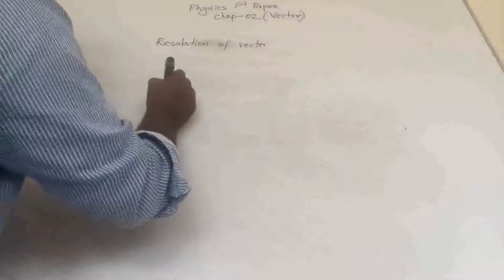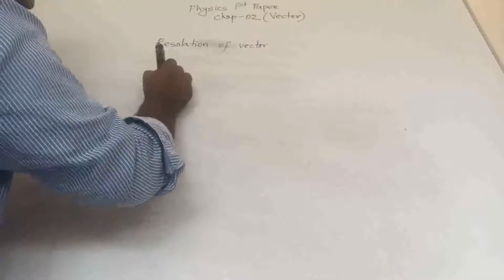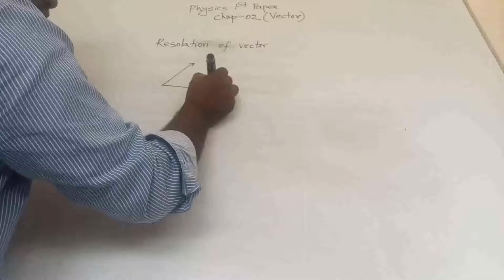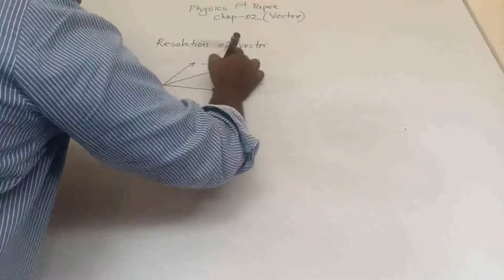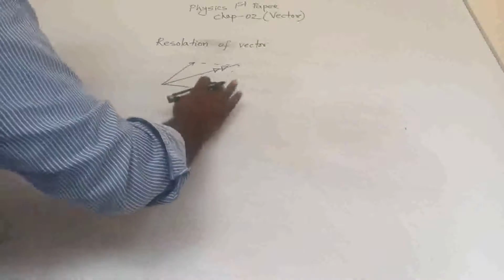Look, in the last class, for example, this one is a vector and this one is another vector. We have taken the resultant, this one. Now, for example, these two vanish. Only this vector remains. So how can I divide this vector into components?